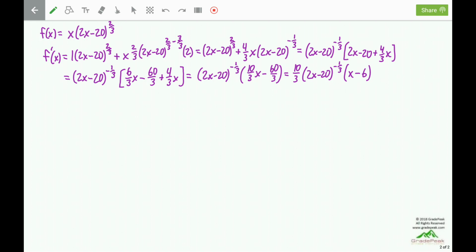And we factor out the common denominator of 3, so x minus 6 is left over. We want all powers to be positive, so we will move that negative power to the denominator to become a positive power. The 10 stays in the numerator. The x minus 6 stays in the numerator. There's a 3 in the denominator. And the 2x minus 20 will move to the denominator to become a positive 1/3 power.